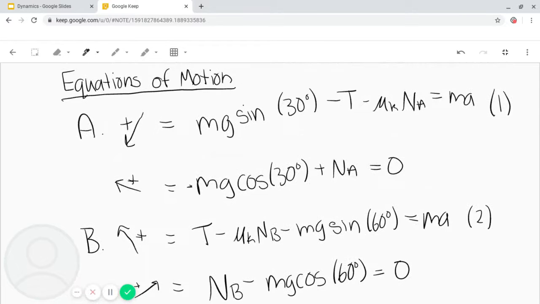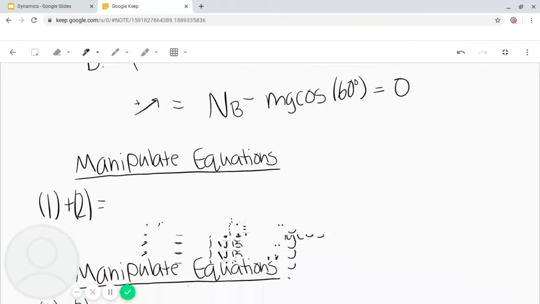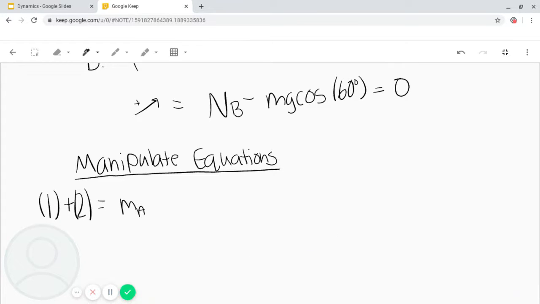all right, what do we have here? So we have m_A g sine 30. And I should have had the subscripts here.